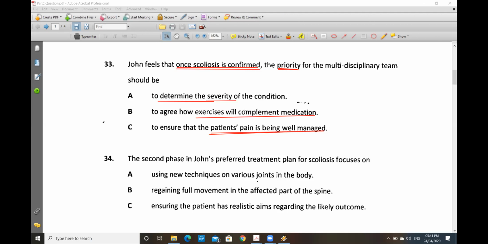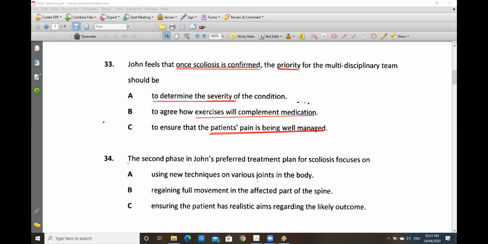In one you are looking at how medication and exercises can complement each other. In the first option, you are basing the treatment plan on how severe the condition is, or managing the patient's pain. What is the priority for us?